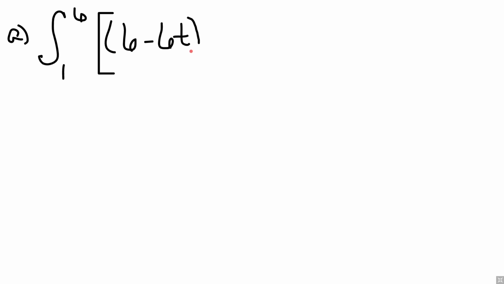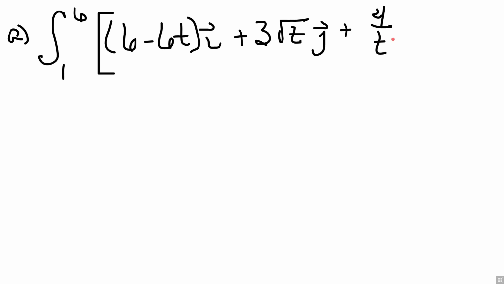Okay, so the first example is that we want to evaluate the integral. For A, we've got the integral from 1 to 6 of 6 minus 6t in the i direction, plus 3 times the square root of t in the j direction, plus 4 over t squared in the k direction, dt.